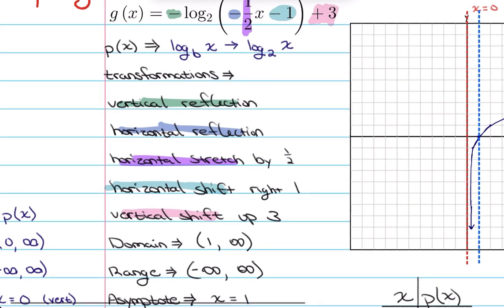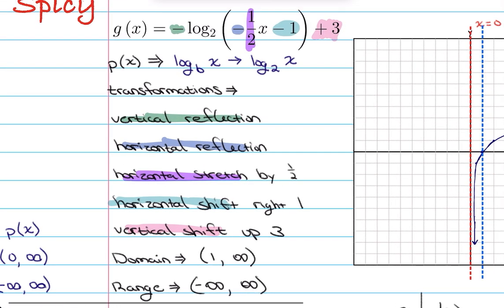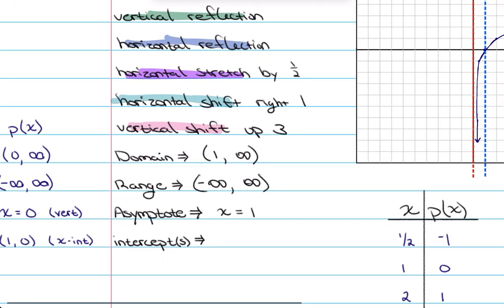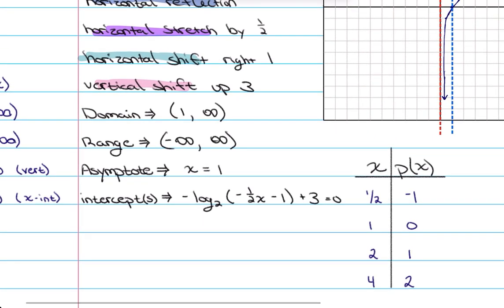Intercepts, we're going to do the same thing that we've done. We are going to find our x-intercept, so we are going to set negative log base 2 of -1/2 x minus 1, plus 3, equal to 0. So we have to make all of that equal to 0. So I'm going to start by subtracting 3 from both sides.